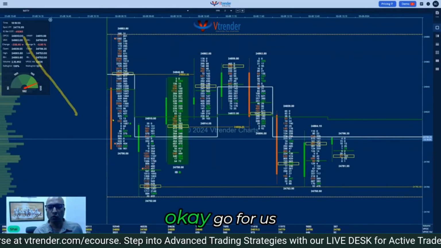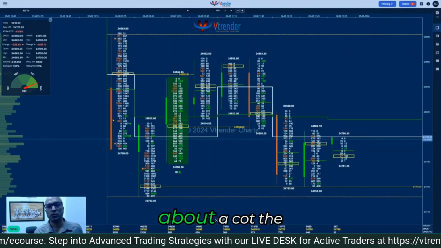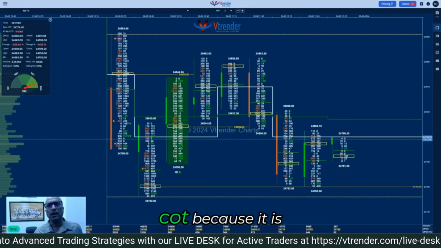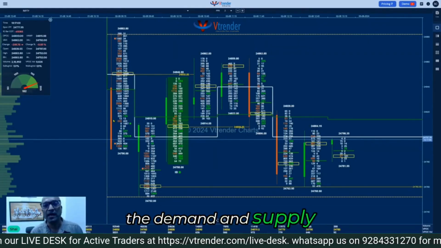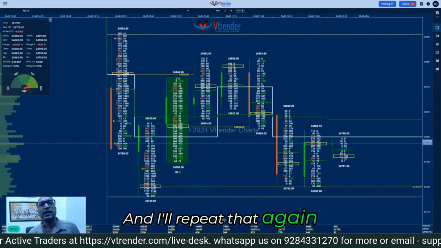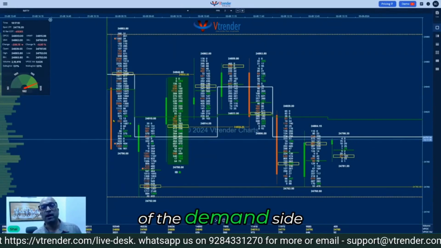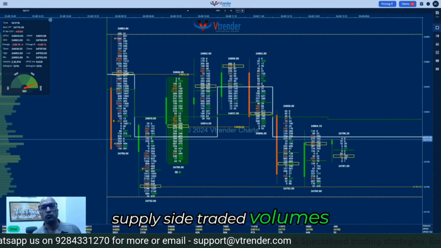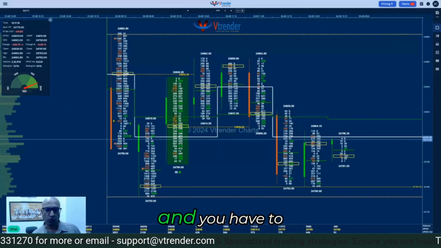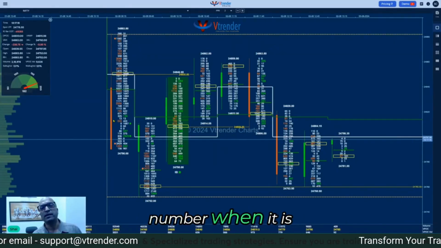Now, a few things go for us when we are speaking about a COT. The COT, because it is a number generated off the demand and supply of the market, and I'll repeat that again, it's a number generated off the demand side traded volumes and the supply side traded volumes of the market. And you have to pay attention to this number when it is big.